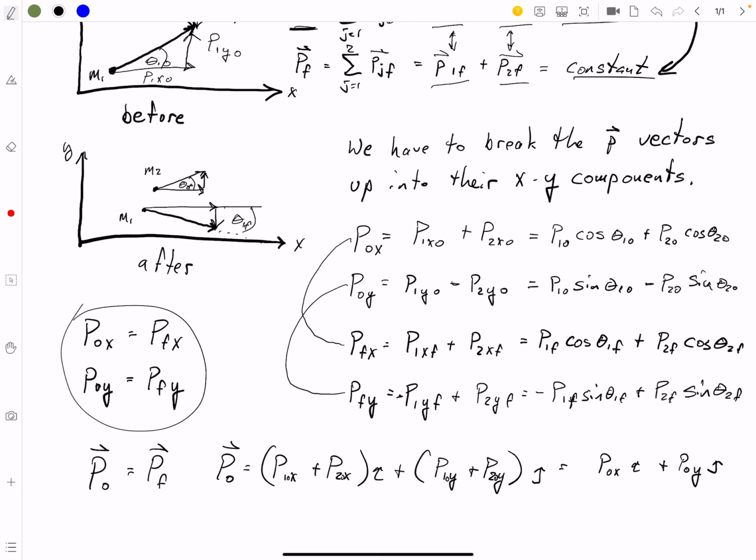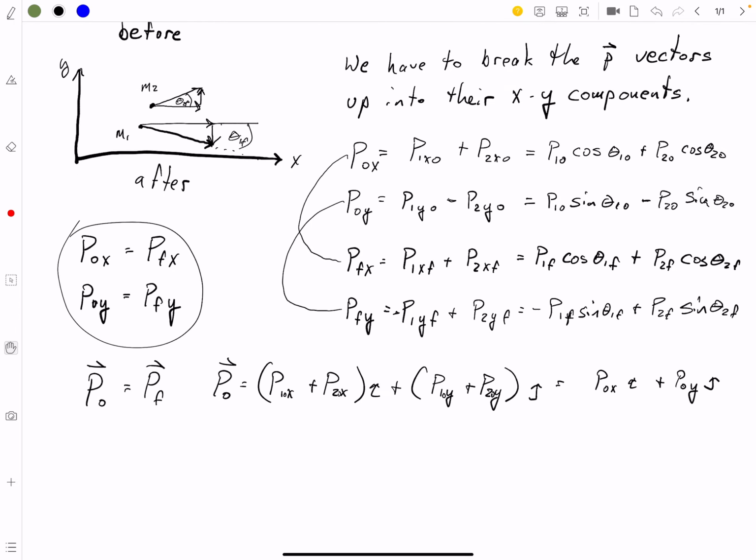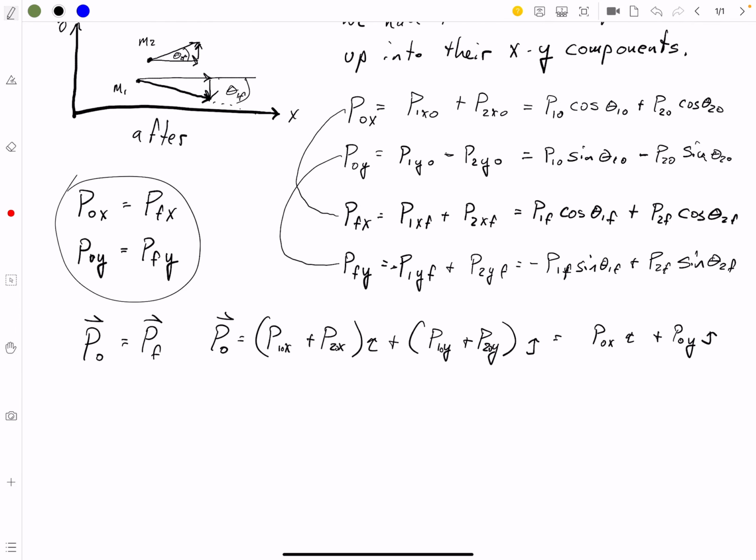I wanted to check my notes above to make sure. Okay, so we're doing this. How do we figure out the magnitude of that? We figure out the magnitude by taking our P naught x, squaring it, adding our P naught y squared, and then taking the square root.